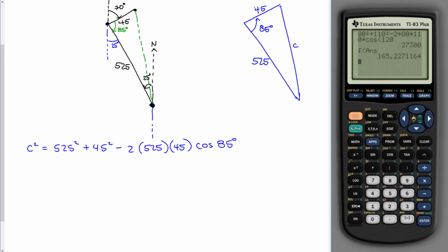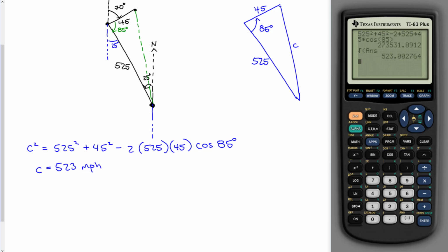Okay, so 525 squared plus 45 squared minus 2 times 525 times 45 times the cosine of the angle between, and I need to take the square root of that number, so 523. So this isn't really affecting the speed very much. It's only decreased it by 2 miles per hour.